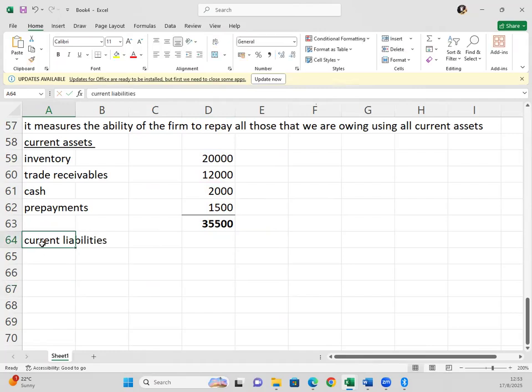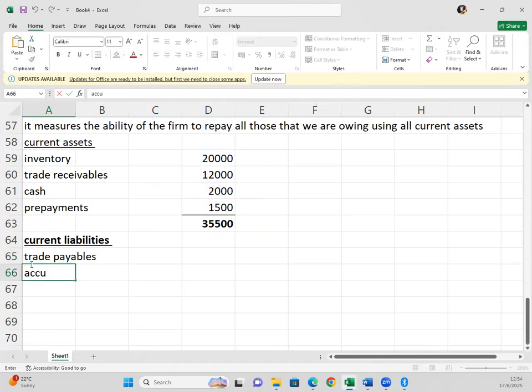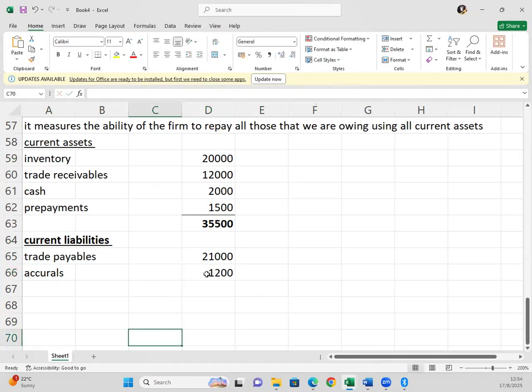For the current liabilities, we can have trade payables and accruals. For the trade payables, let's say 21,000. Accruals, 1,200. So we are given the current assets and the current liabilities.